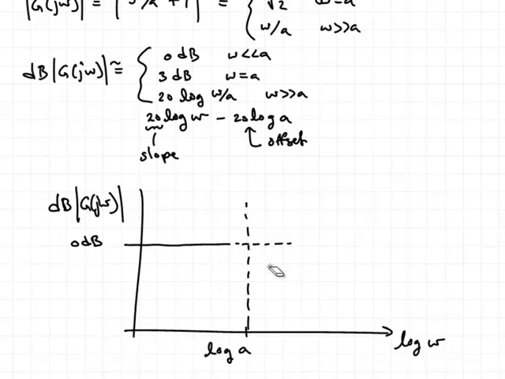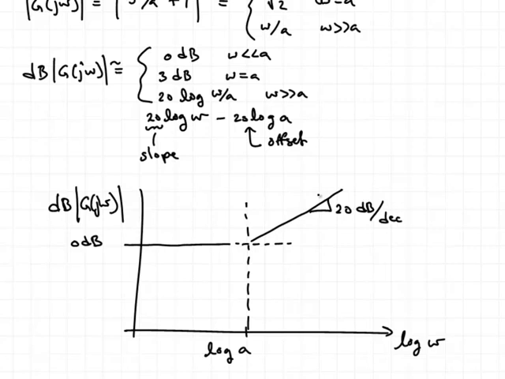Oh, actually we have plus, I'm sorry. In this case it's plus. Okay, this has a slope of 20 dB per decade, right? A decade of frequency.